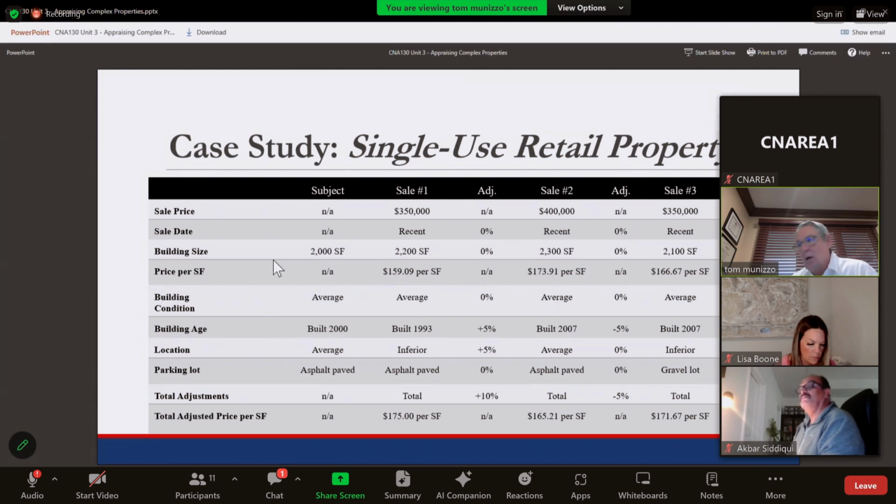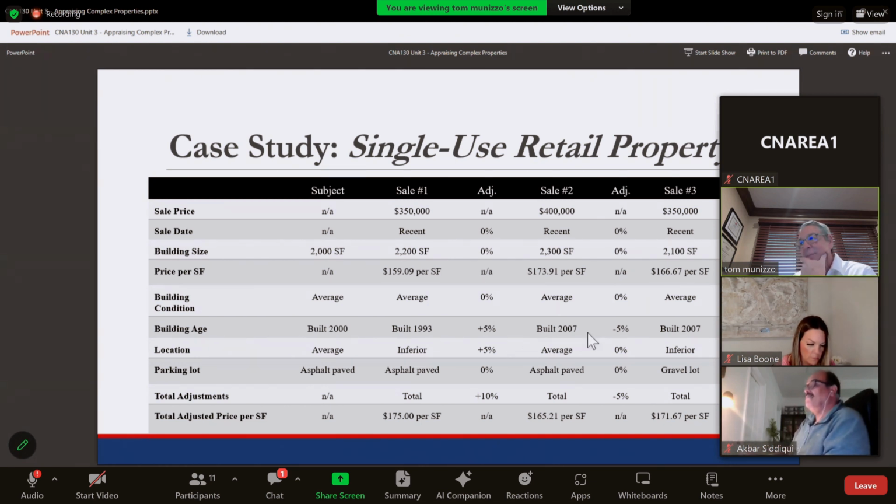If you look at page 81, it tells us the 7-year age difference is 5%. Since sale 1 was older than the subject property, which was built in 2000, that's a plus 5% adjustment.